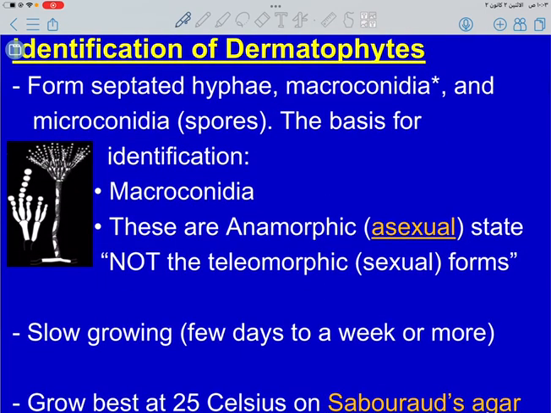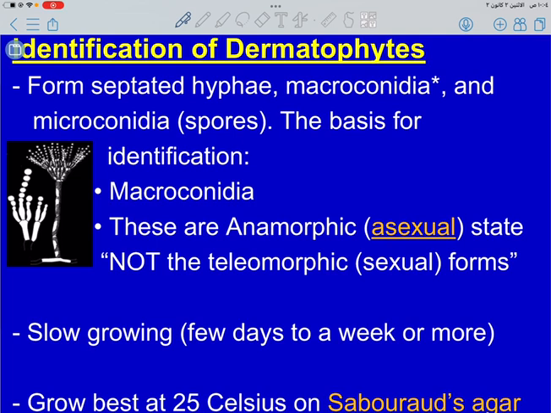Identification of dermatophytes. You know the fungi are like threads, septated, divided.